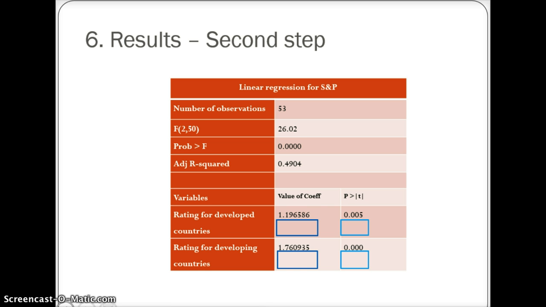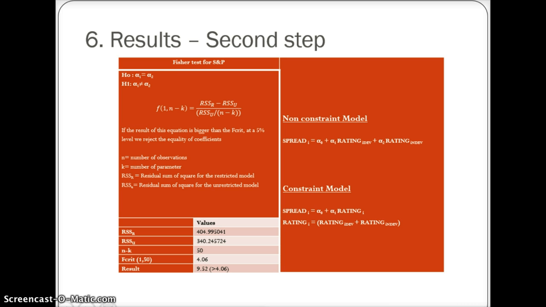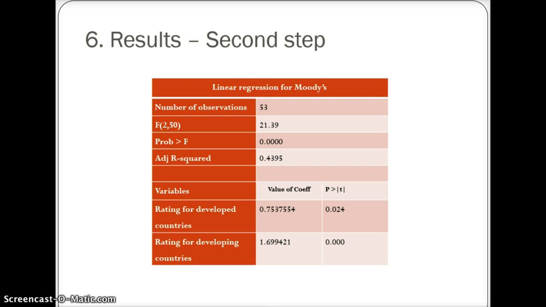We have to test if this difference is statistically significant. To do that, we choose a Fisher test. This test confirmed this difference at a 5% level. Now for Moody's. The results for S&P and Moody's are quite similar.